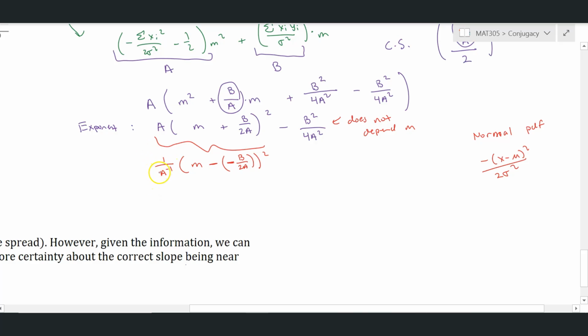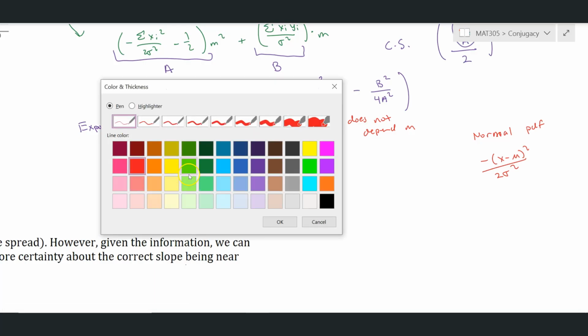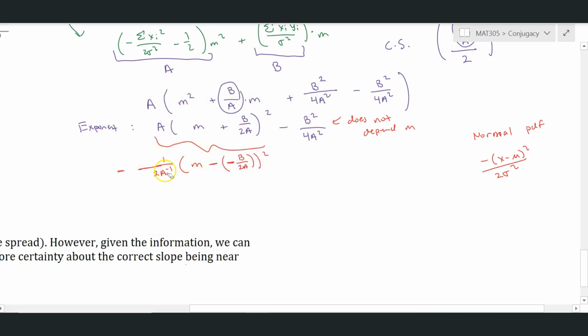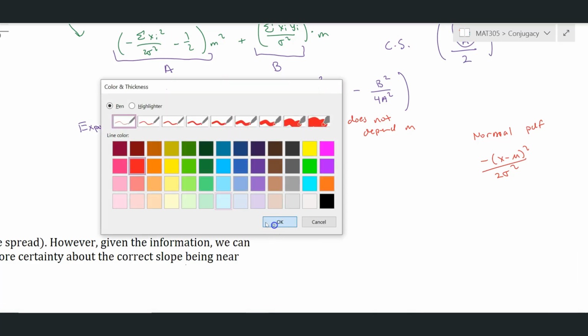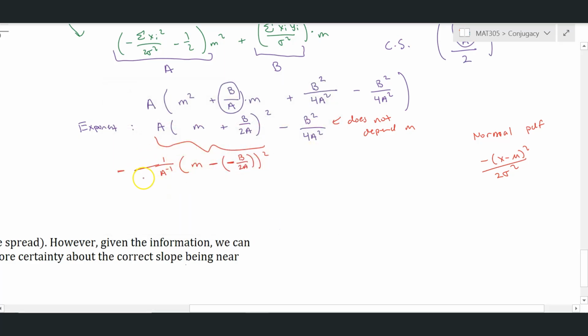So here's how I'll write this. I'll write this as 2 times that. I want it to be a negative. So the way I would get it to be a negative, and it's all just playing around with symbols here, I can make this negative 2 times 1/2 of a inverse.